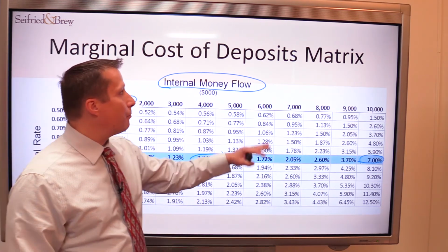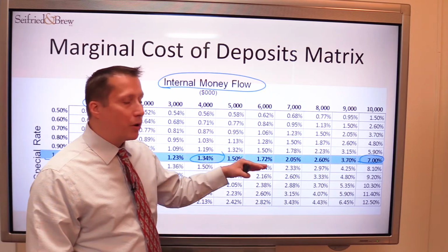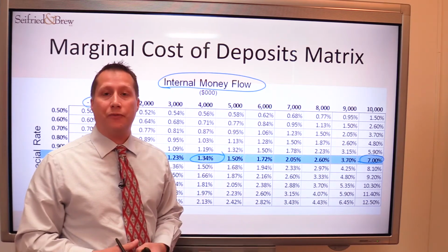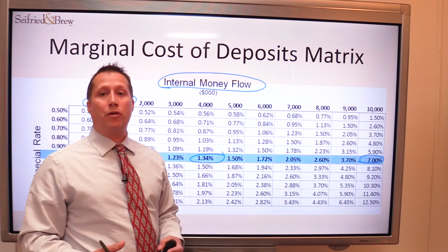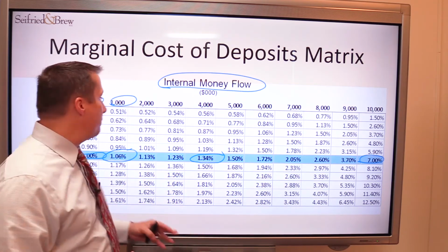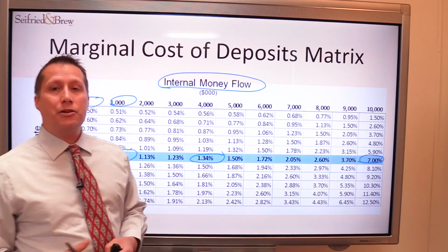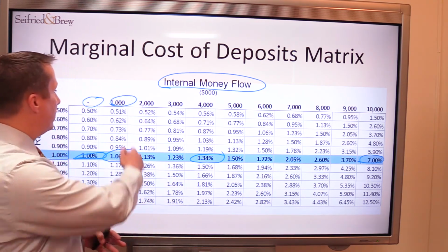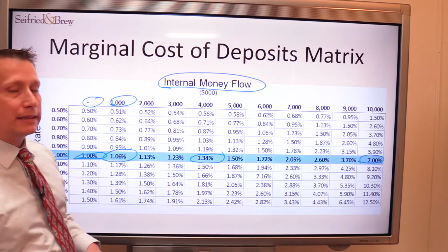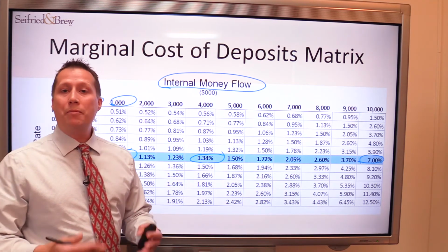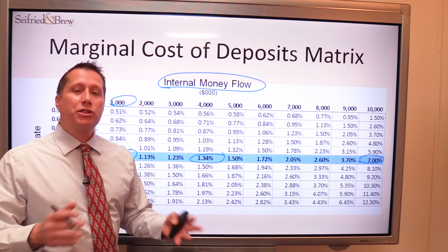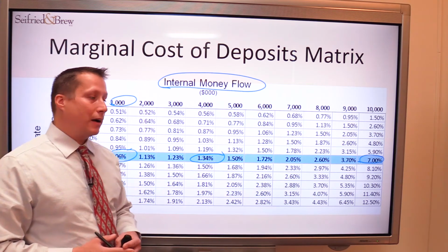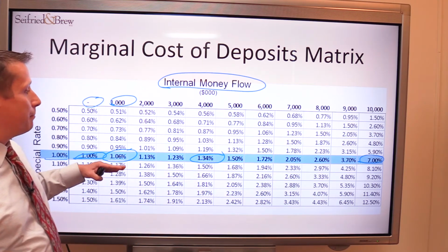We want to take the marginal cost of deposits and compare that to alternative funds such as the Federal Home Loan Bank. At around 1%, we're just under that overnight borrowing rate. And if we look at the 1.06 for the $1 million of internal funds, we're right around that overnight borrowing rate.